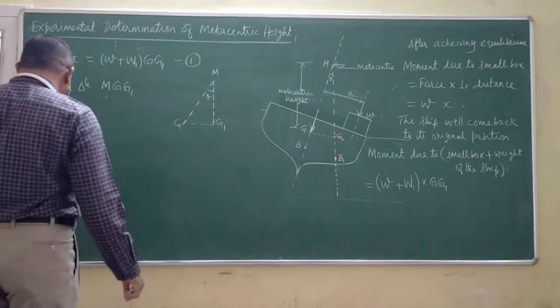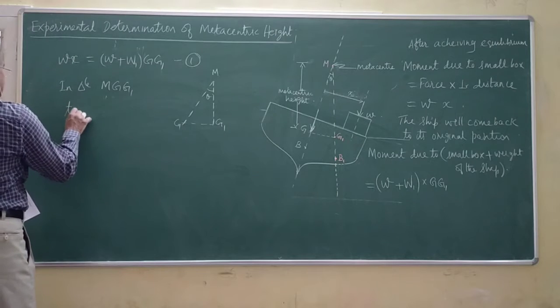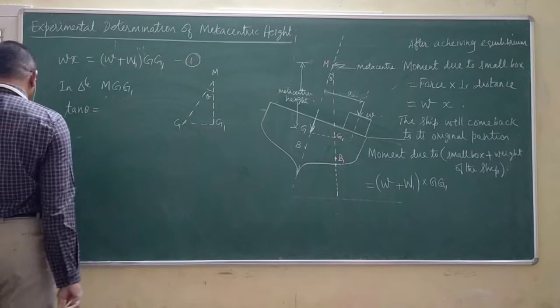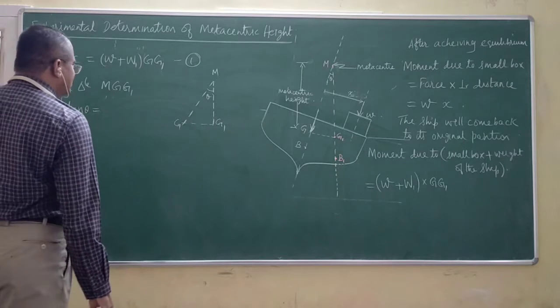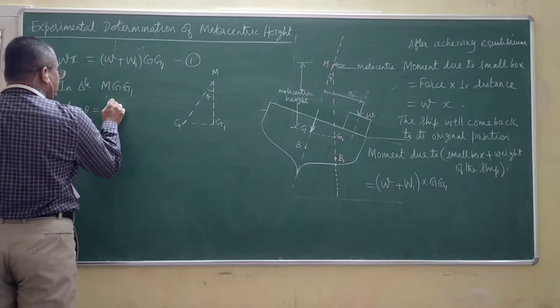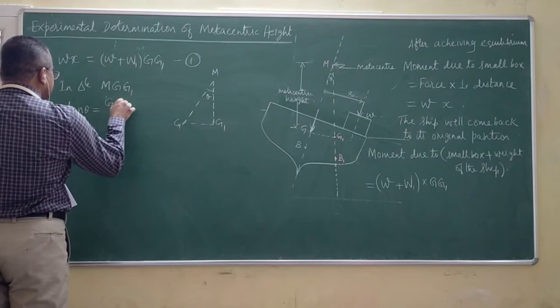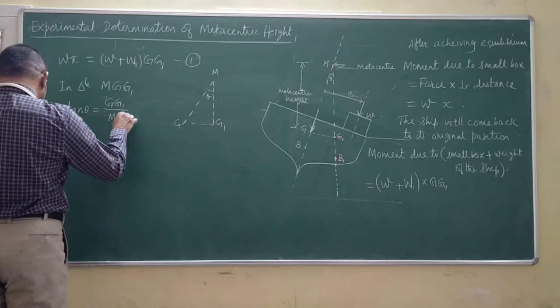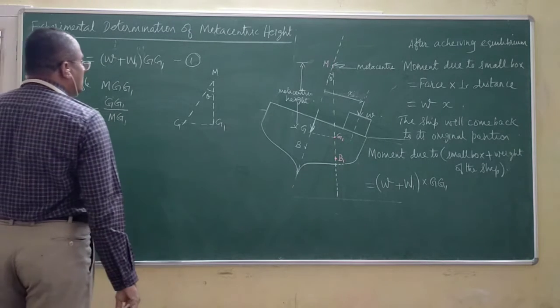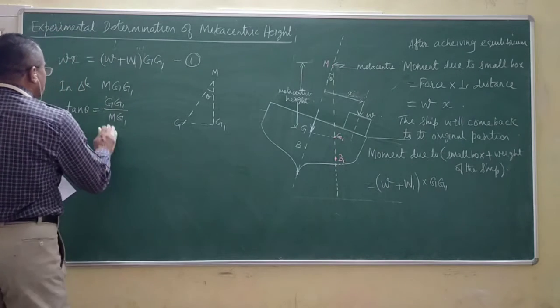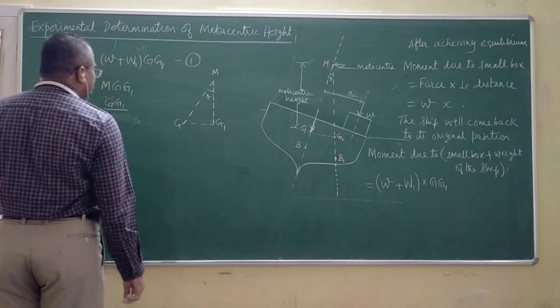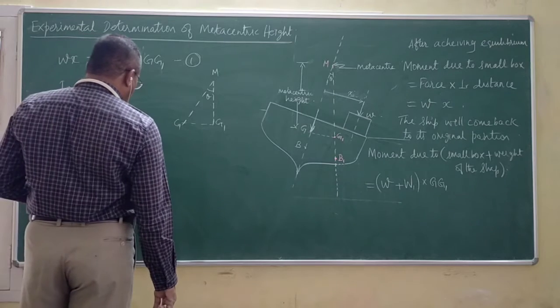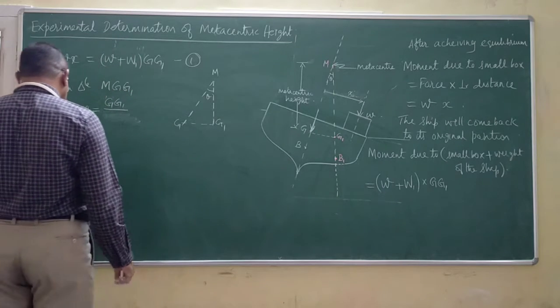For this, I am going to find out tan theta. If I take tan theta, opposite side by adjacent side, opposite side is GG1, adjacent side is MG.